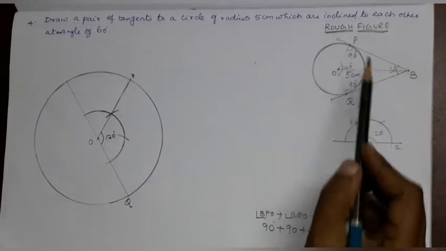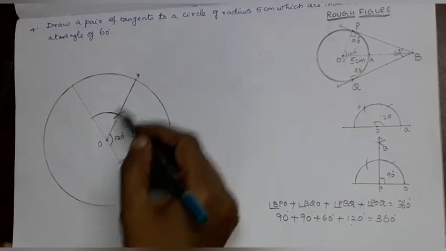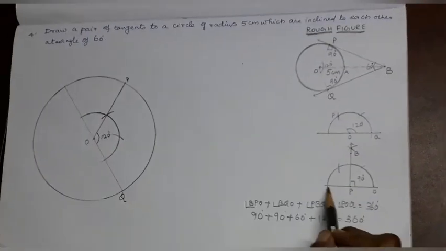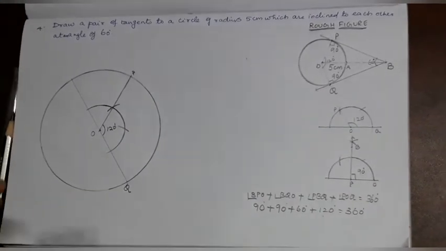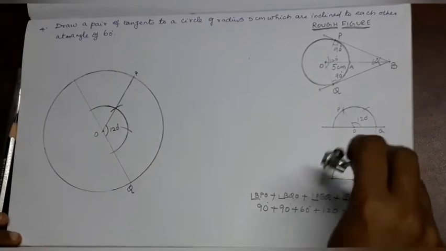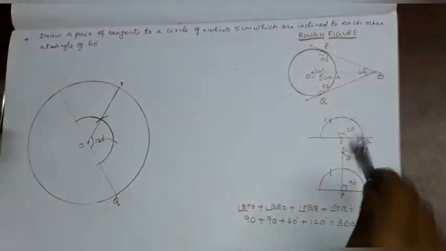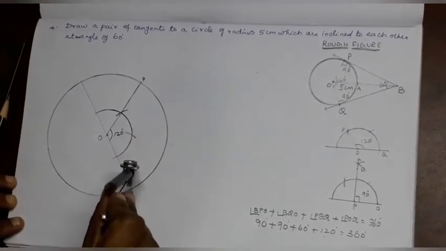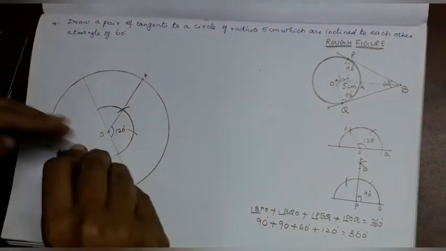As I have already mentioned, OP is perpendicular to PB. We have to draw a perpendicular line. See, I have done it separately. See OP, how to draw the perpendicular line. First keep Q as center with a desirable radius and cut an arc.